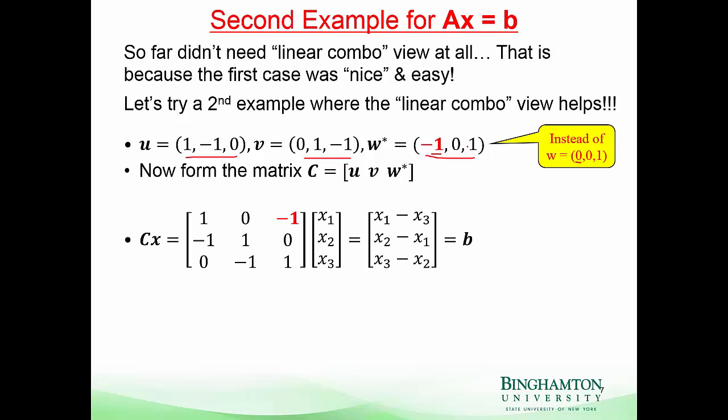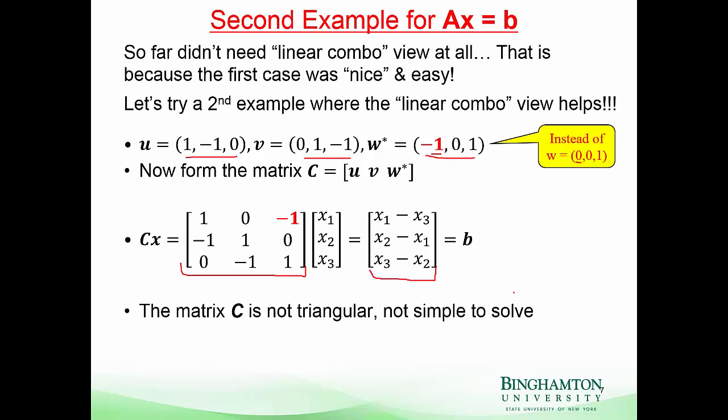So here's our Cx. We now have our new elements in here, and now if we do the by hand multiplication, we can see that that's the condition, and we end up with three equations. We could write down three equations for these, and we see that in this case our C matrix is not triangular, and therefore it's not simple to solve by hand.